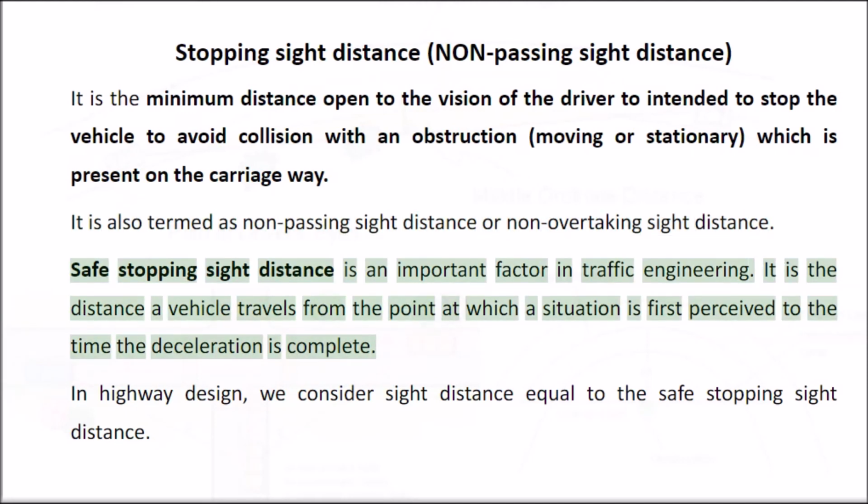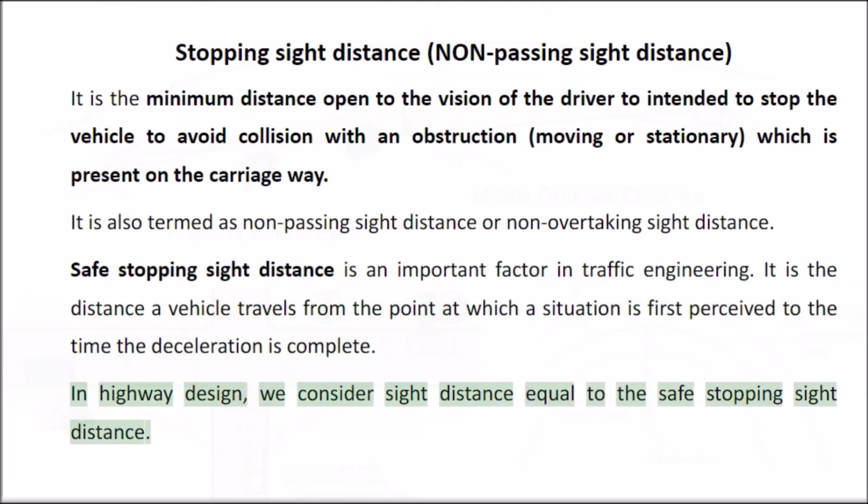Safe stopping sight distance is an important factor in traffic engineering. It is the distance a vehicle travels from the point at which a situation is first perceived to the time the deceleration is complete. In highway design, we consider sight distance equal to the safe stopping sight distance.